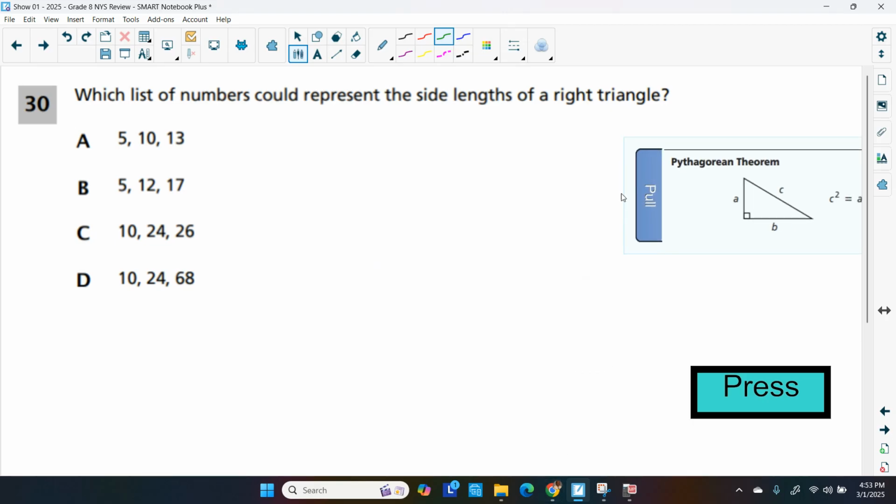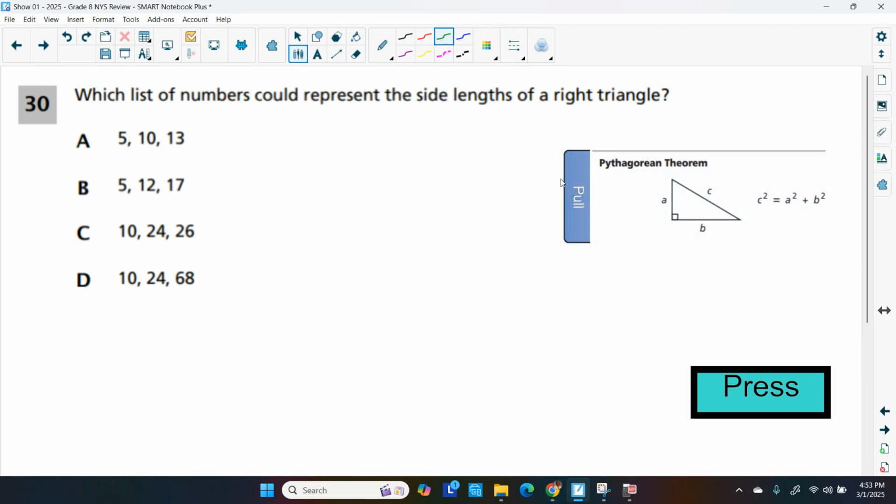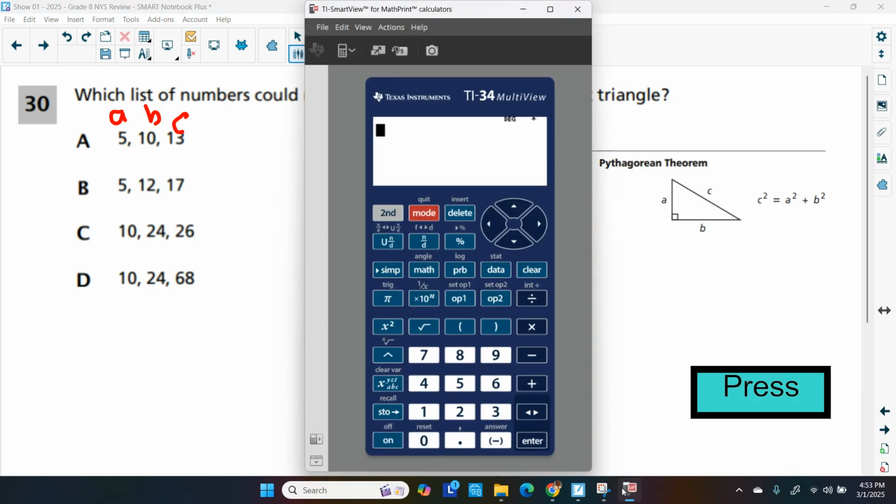So let me pull this out. And what's nice about this, all of these numbers are set from smallest to highest, which lets me know I can put A, B, and C. So all I got to do is a little calculator work.